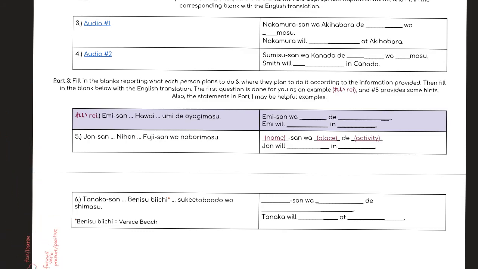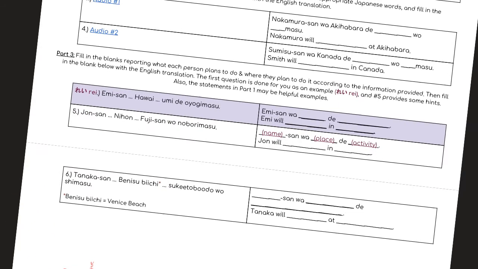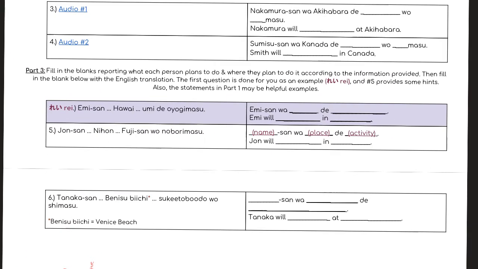Okay, let me put this over here. Okay, so for our example, we have Emi-san, Hawaii, and umi de oyogimasu. Okay, so let's kind of break down what all this means. So Emi-san, that means we're talking about Emi. Remember, san is what we add to someone else's name that we're talking about.